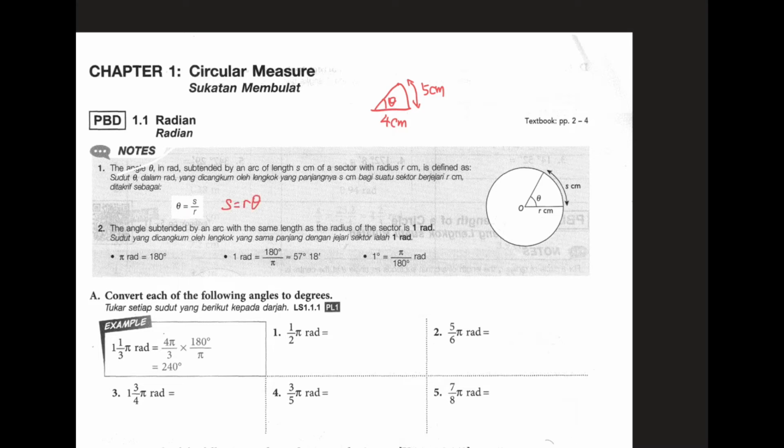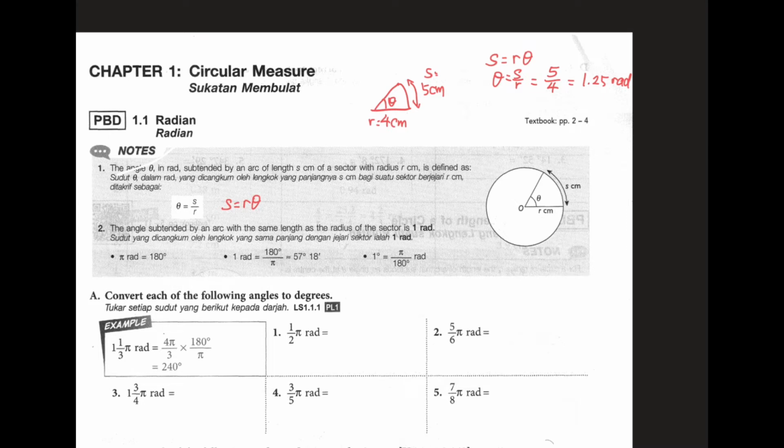So it just rearranges the formula. Okay, so we know that s is 5 cm, r is 4 cm, the radius. So if I use s equal to r theta, or theta equal to s over r, both will be just fine. So s is 5, radius is 4, and then we get 1.25 radian. So that is the angle in radian, 1.25 radian.